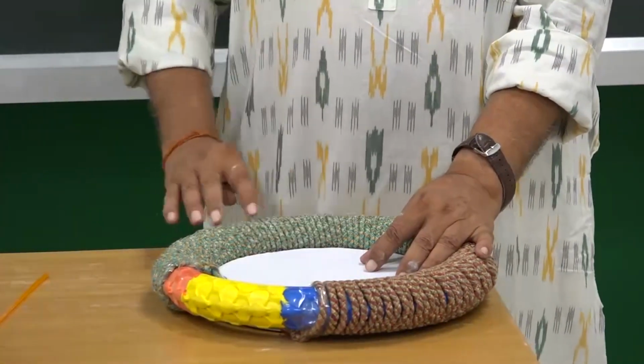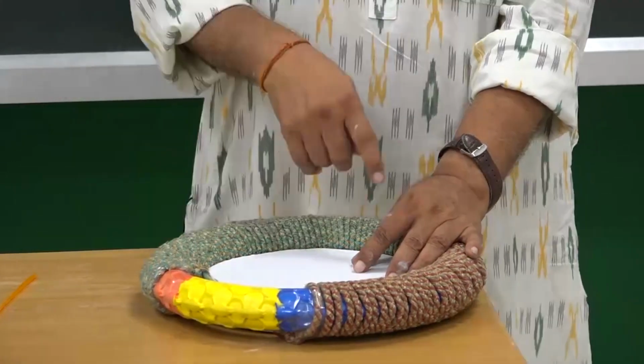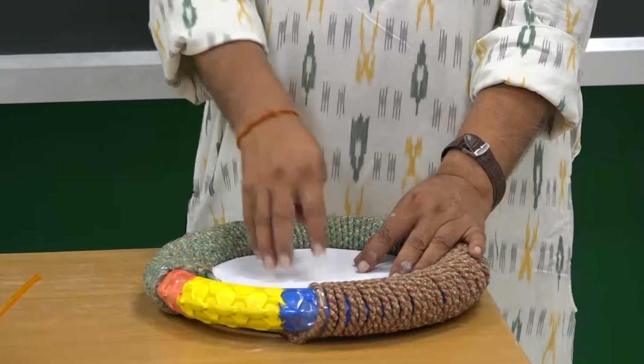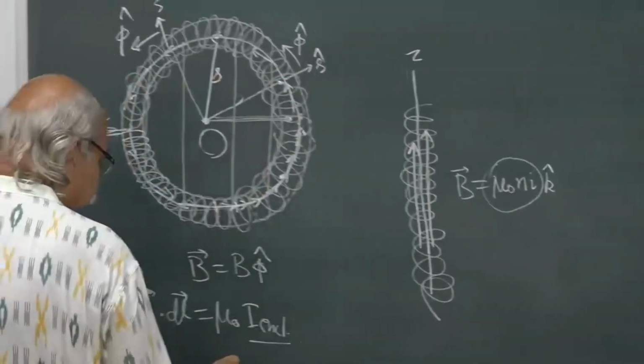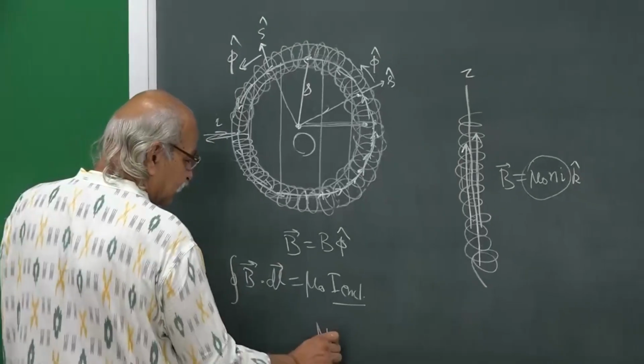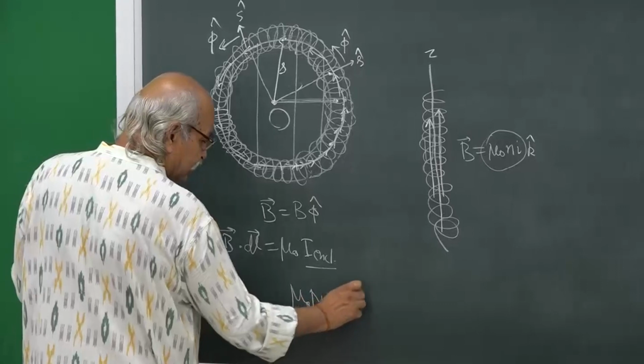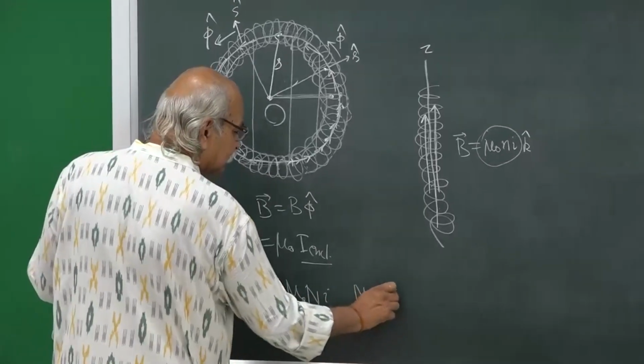This is capital N into I, because every turn on the toroid is going through this, and therefore, this I enclosed is mu naught into capital N into I, where capital N is the total number of turns.